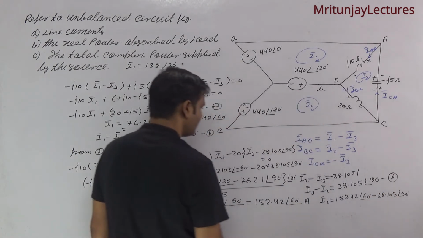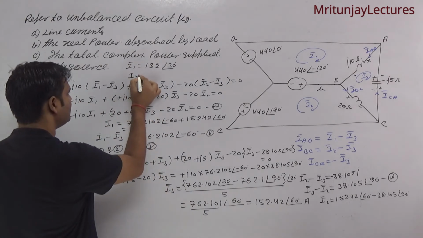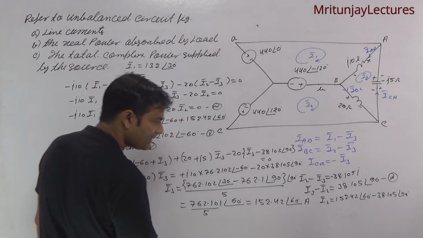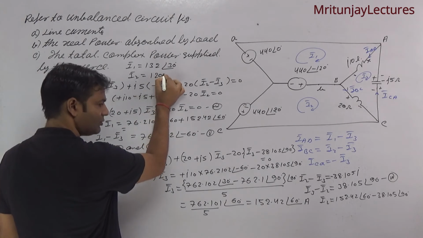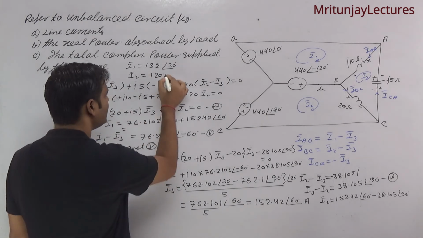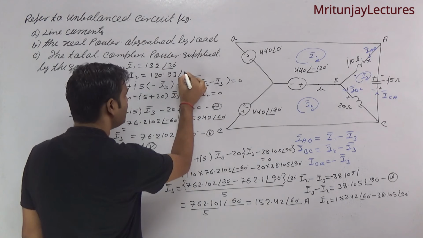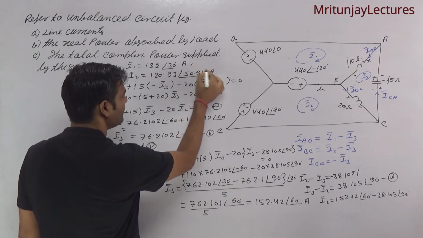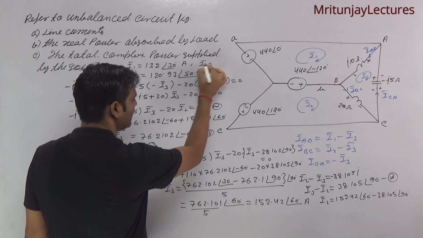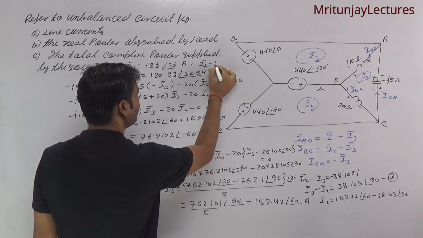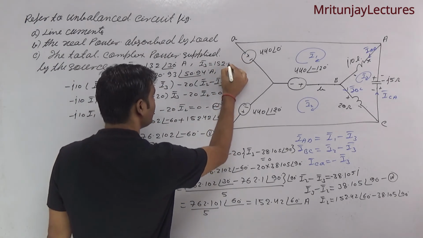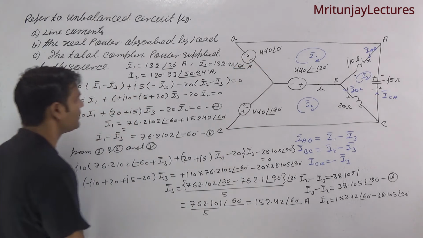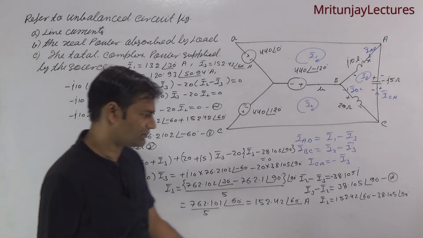After solving, we got I2 is 120.3 at the angle 50.94 ampere. Clear? And we have already got I3, that is 152.42 at the angle 60 degree. So I1, I2 and I3 are like this.